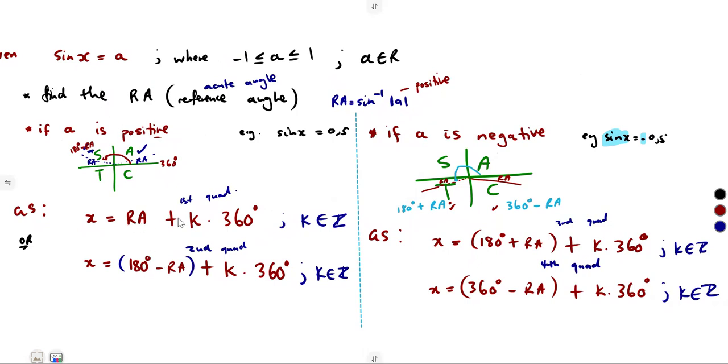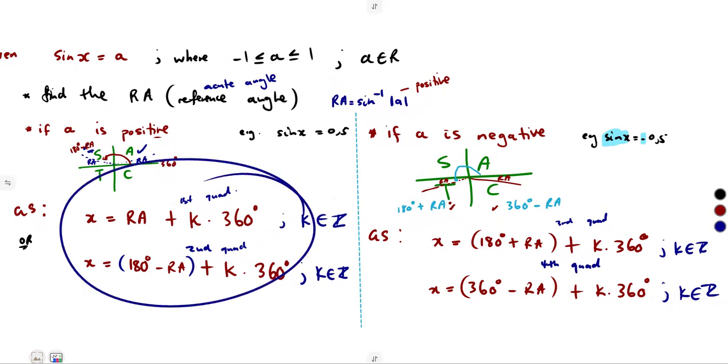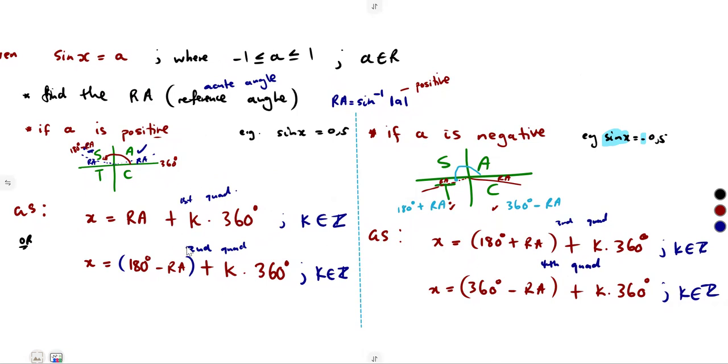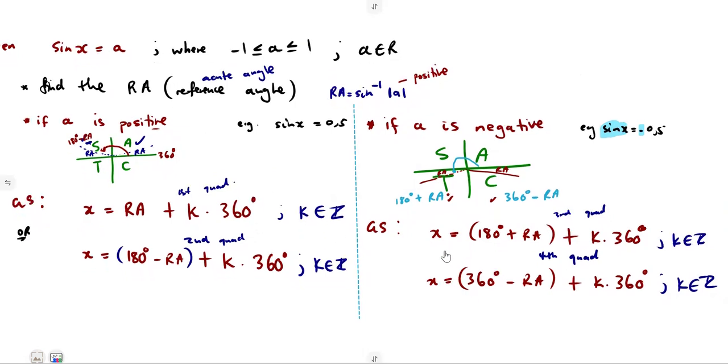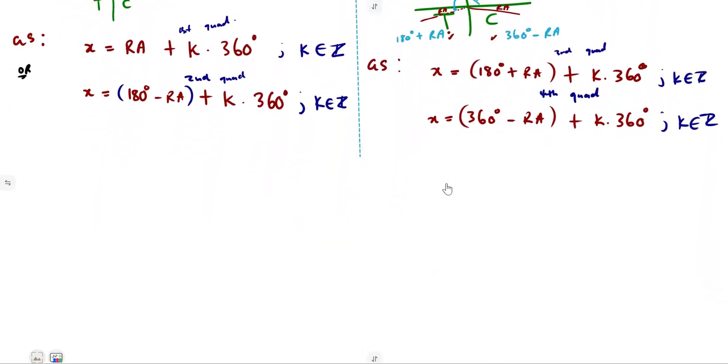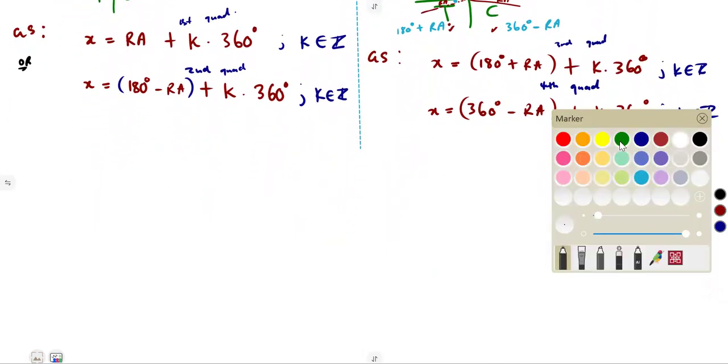If sign is positive, your solutions will be in the first and the second quadrant. This is the same thing, guys. The 360 degrees that we are using is for the period of sine. Remember the sine graph? So you consider its multiples. It is the same thing even for cos. All right, let's consider the second one for cos.